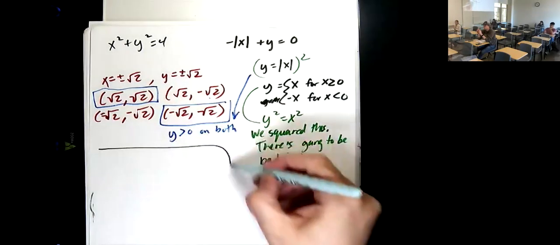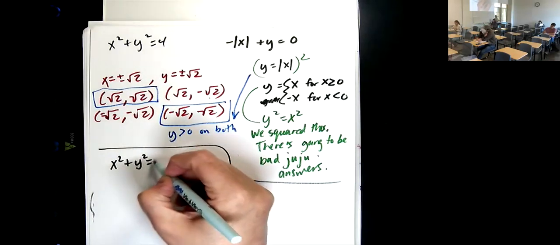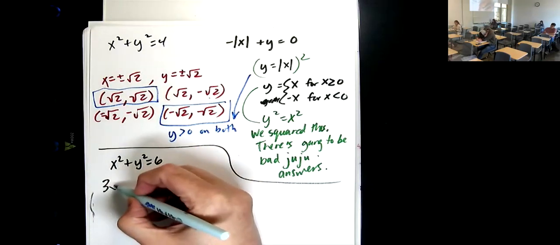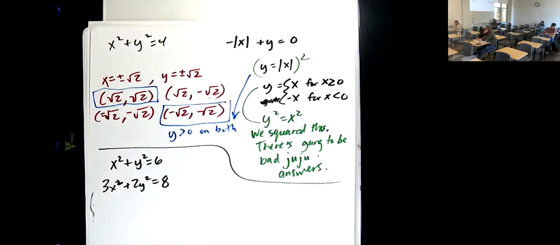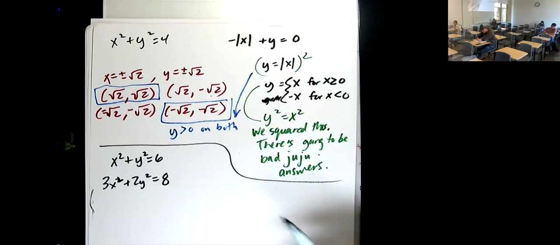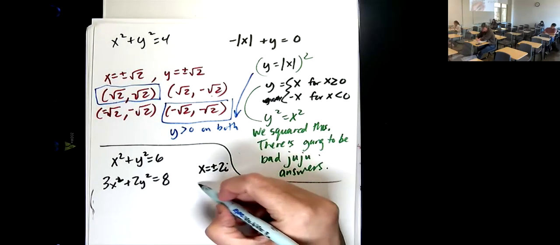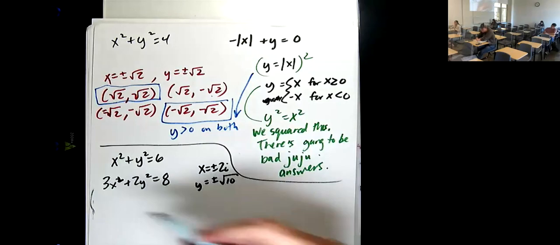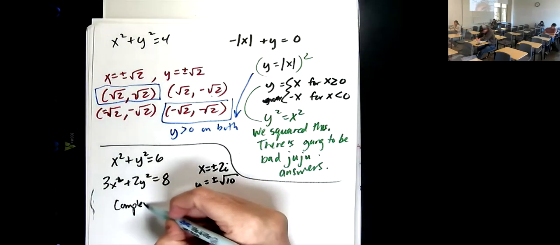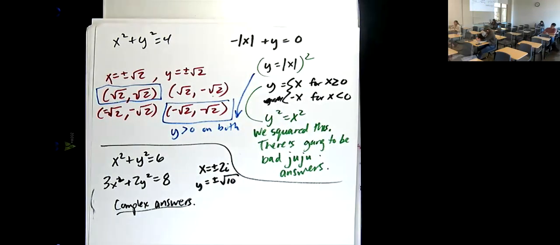Another one that you can try later on, I'll give you the answers for it. X squared plus y squared equals 6. 3x squared plus 2y squared equals 8. You get x equals plus or minus 2i, and y equals plus or minus square root of 10. So these are complex answers. Desmos definitely won't graph these.